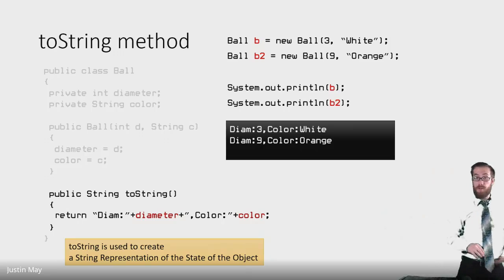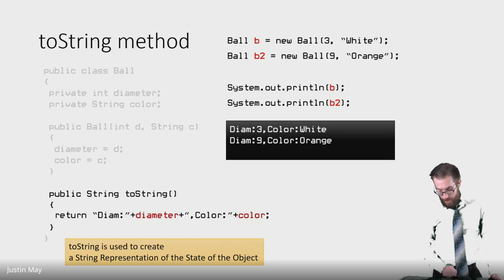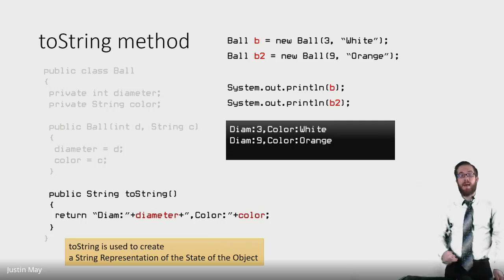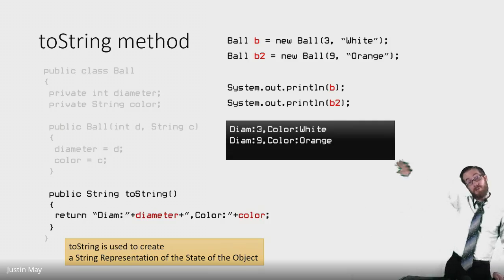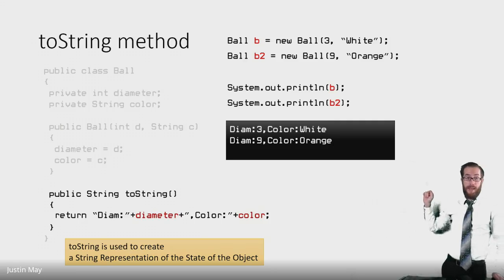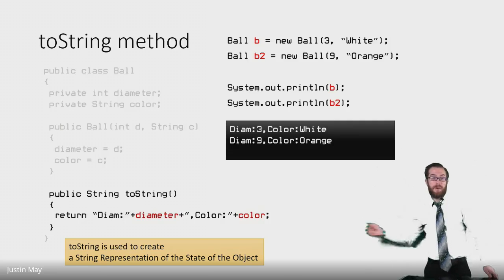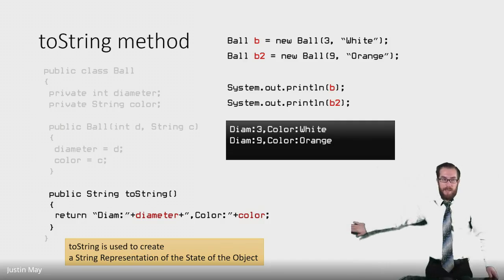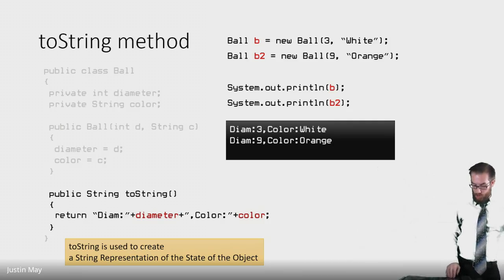It's a pretty straightforward method usually. And the big thing to remember is that toString returns a string. It does not print anything. It allows you to print just the object, and then what gets printed is the value that's returned by this method. But you never want to write System.out.println in the toString method. It just returns the string.